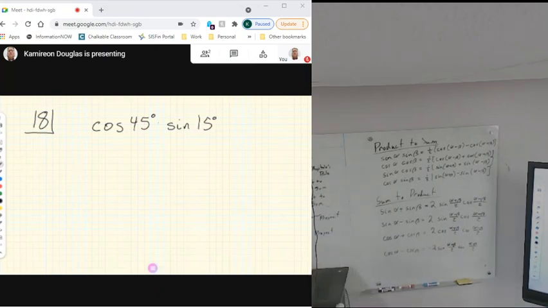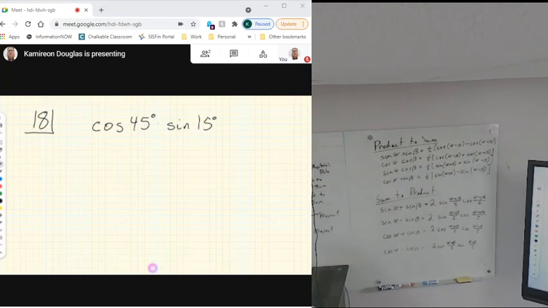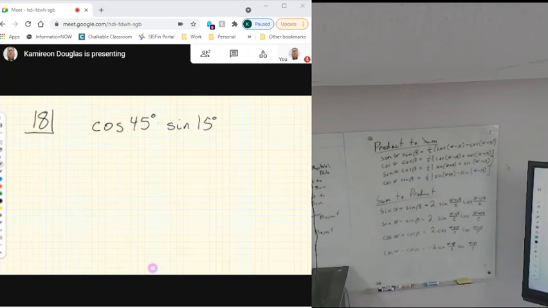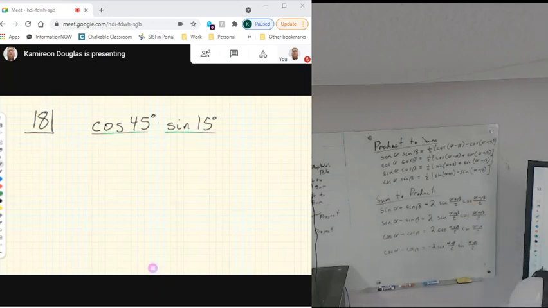Take a look at this problem and watch how I solve it. What we're going to do, we first recognize which rule we're talking about. It's cosine times sine. That is, again, the final formula. If I wanted to, just like with the previous one, I could switch the order. It does not matter for this one. So let's plug them in. The cosine times the sine becomes as follows. 1/2 bracket sine of alpha plus beta minus sine of alpha minus beta.